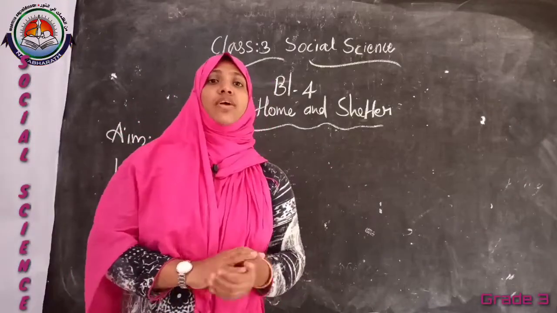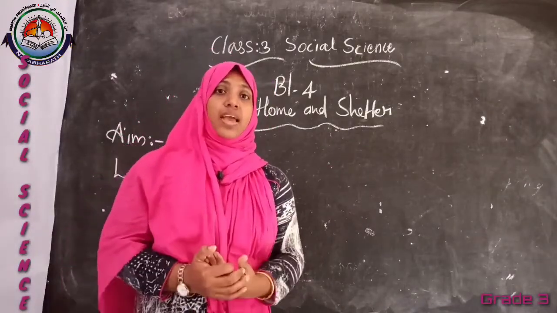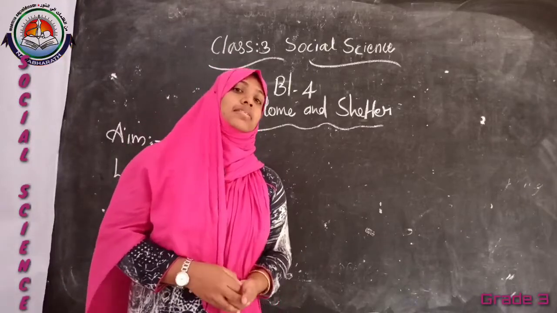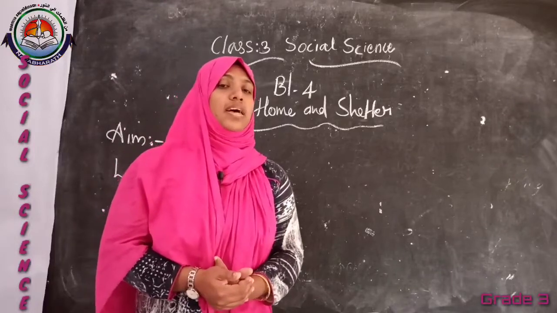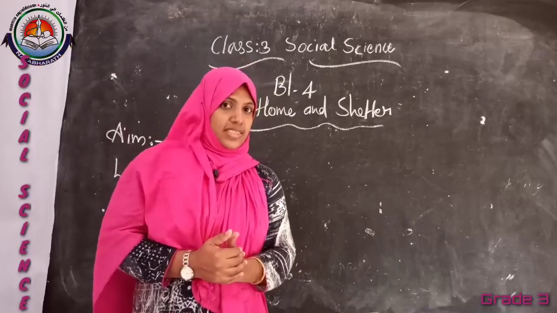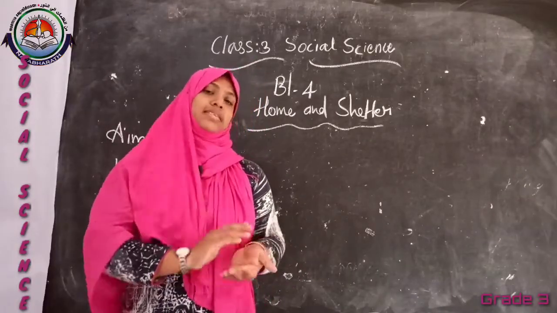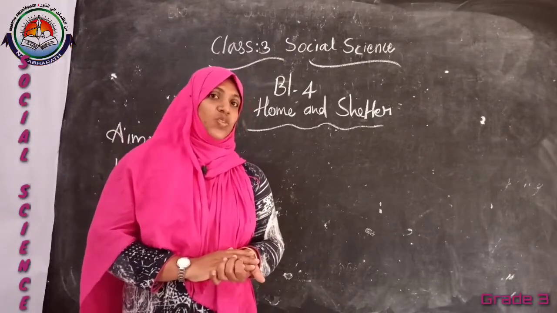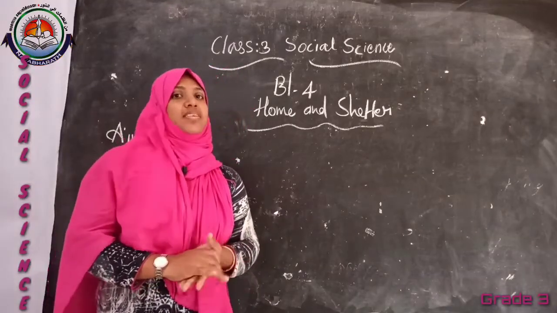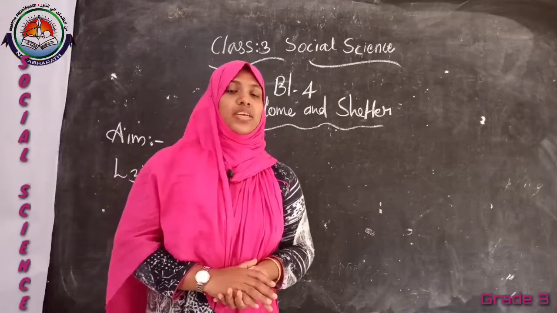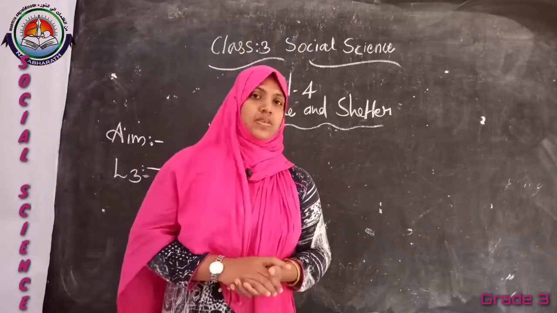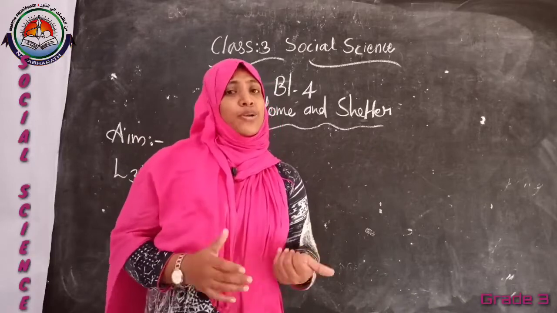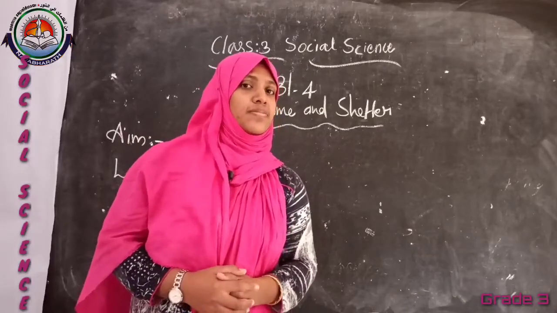Before that, we have to remind what we have learned in the last class. What we have studied in the last class? We have studied 2 lessons. Which are they? Yes, need for shelter and different type of houses. Why do we need a shelter?